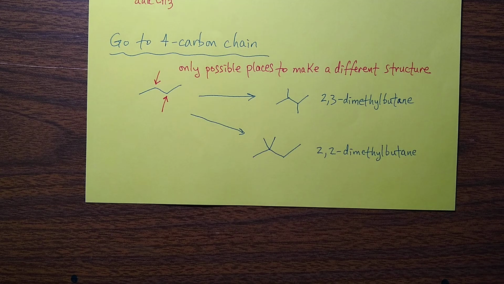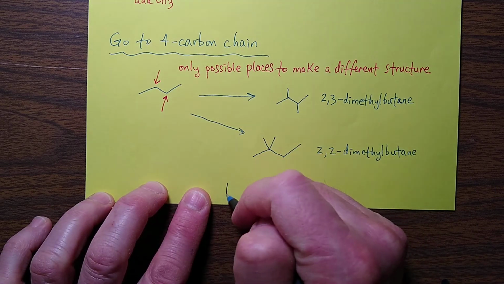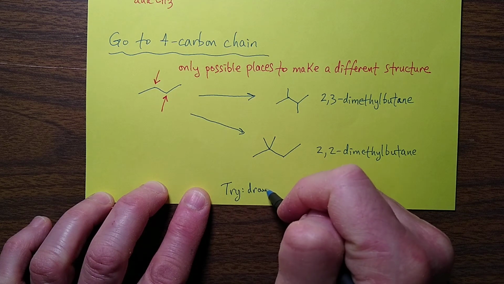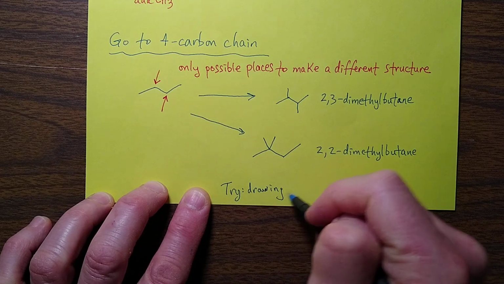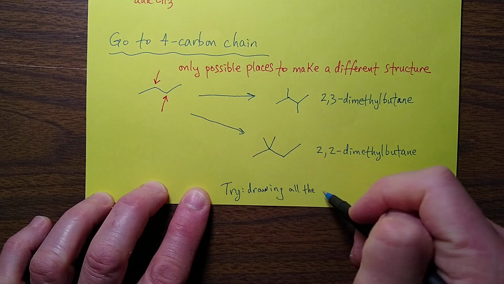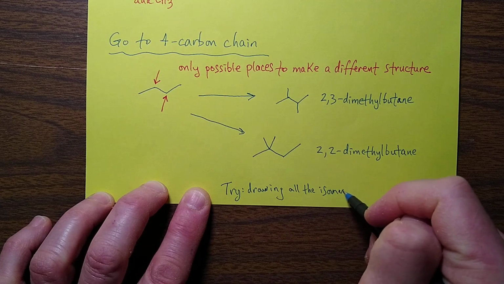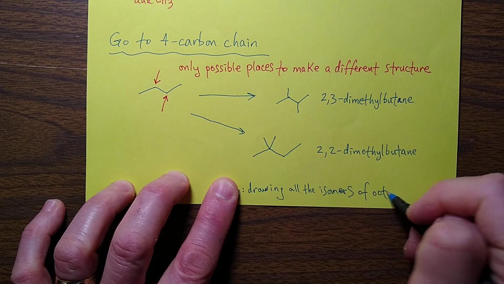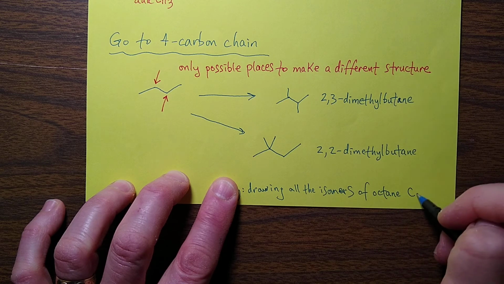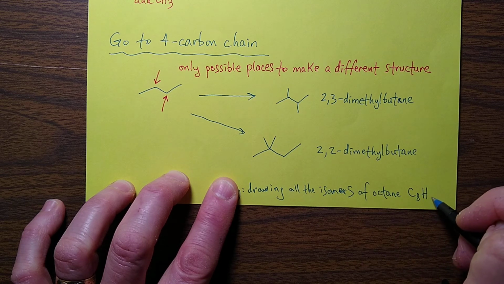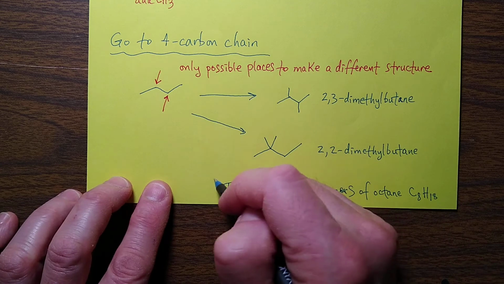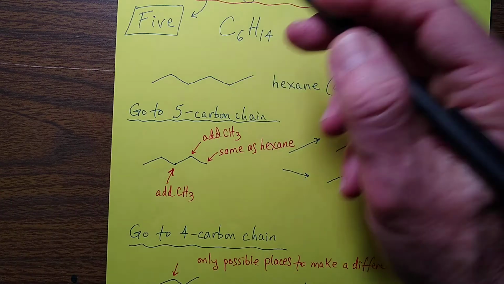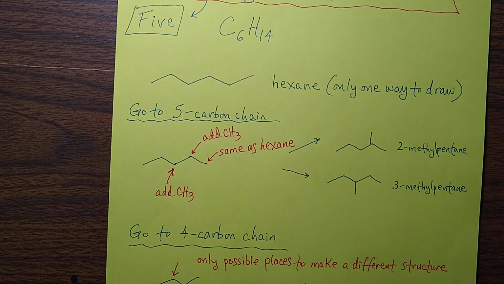What I would encourage you to do is try this. Try drawing all the isomers of anything larger, which will really help you practice. So try drawing it for, let's say, octane. That's C8H18. Try doing that. Now, as the number of carbons goes up, the number of possible isomers goes pretty high.